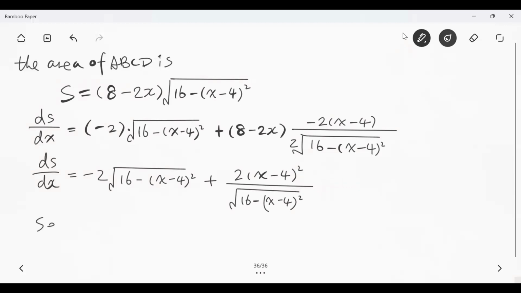So we set the derivative dS over dx equals 0. The right side equals 0.